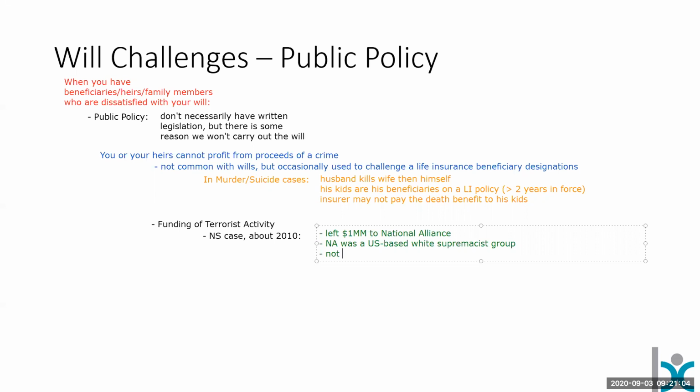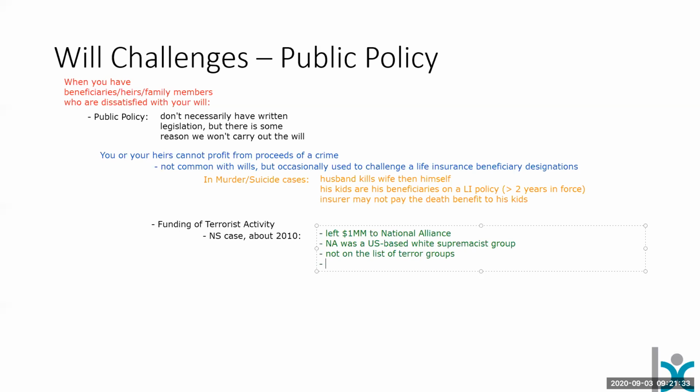And National Alliance was not on the list of terror groups, but they were unquestionably involved in terrorist activity. There was a whole bunch of fire bombings of synagogues and mosques, where they were clearly involved and promoted that activity and so forth. But they weren't a terror group in Canada.